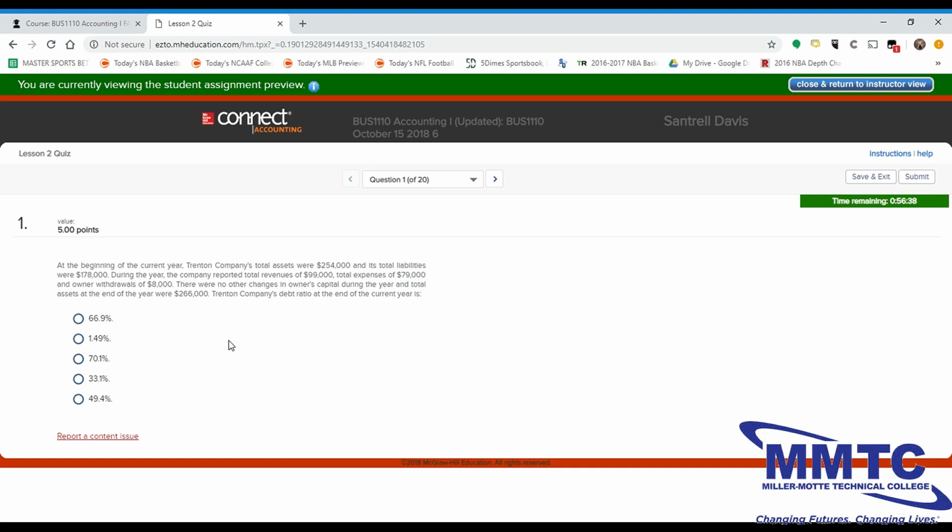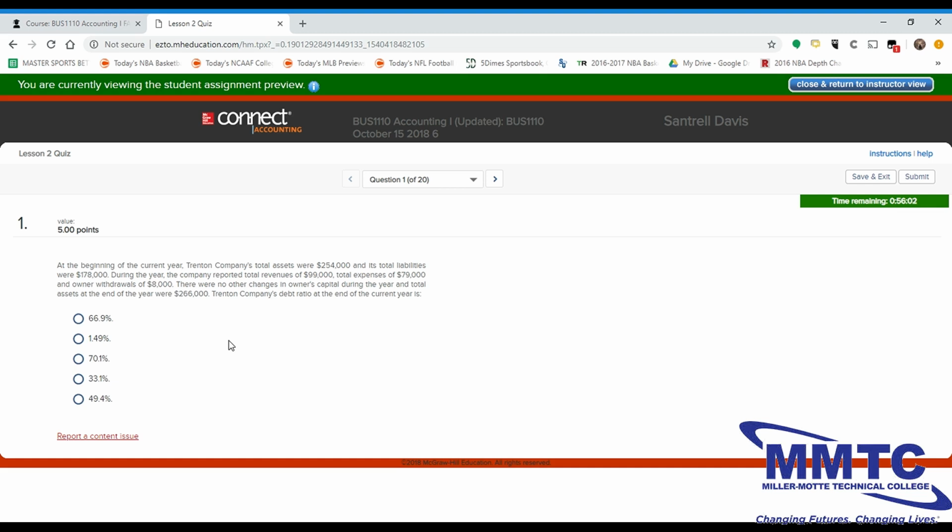Remember the equation we need all the time? The accounting equation says that assets equal liabilities plus equity. Good job, class.